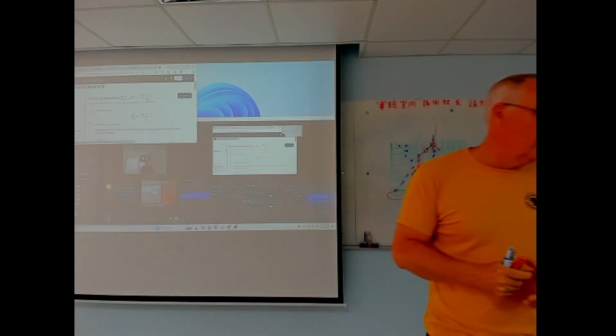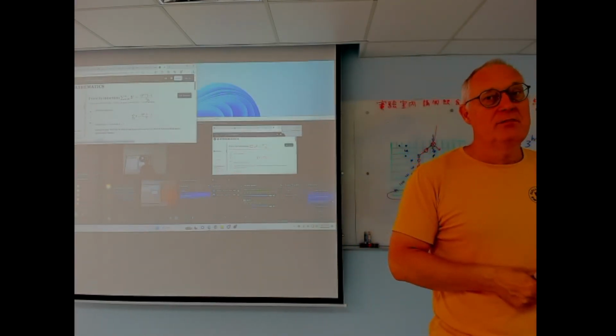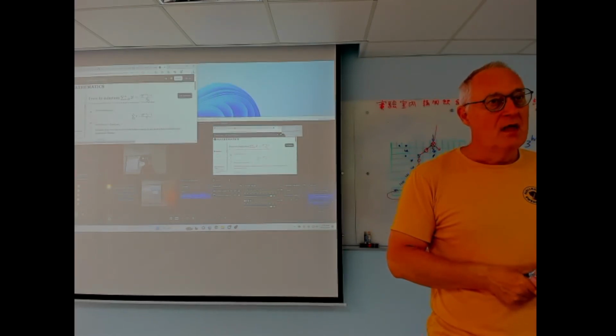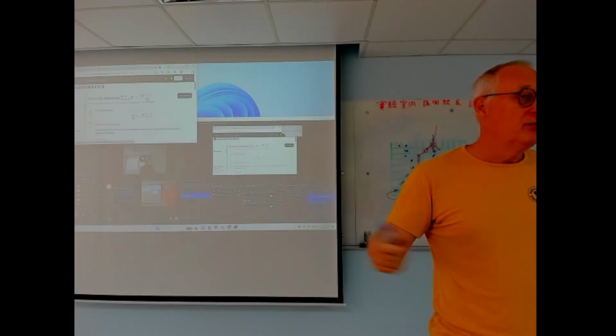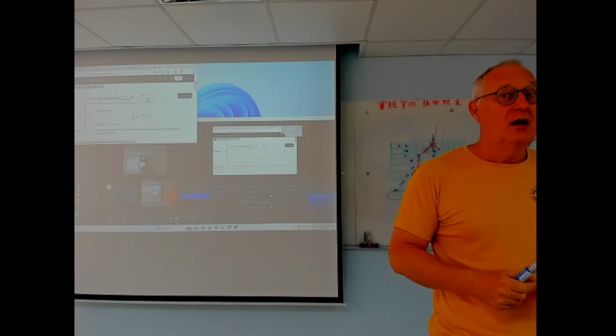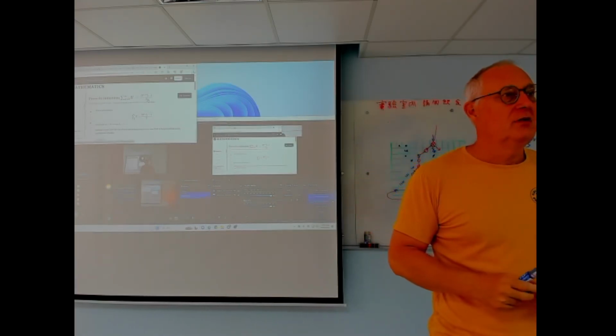So for these kind of exponential algorithms, the number of nodes that you have in the leaves are much bigger than the rest of the tree. So usually we only care about the leaves.